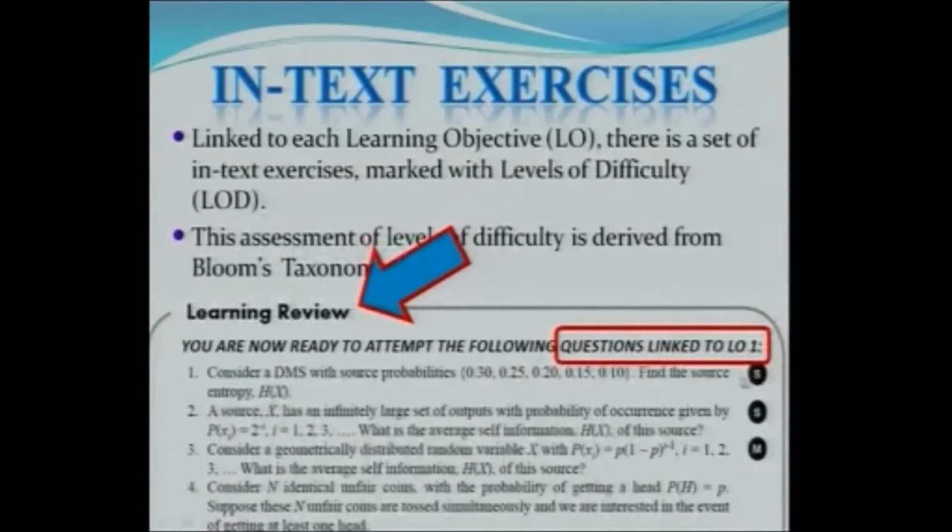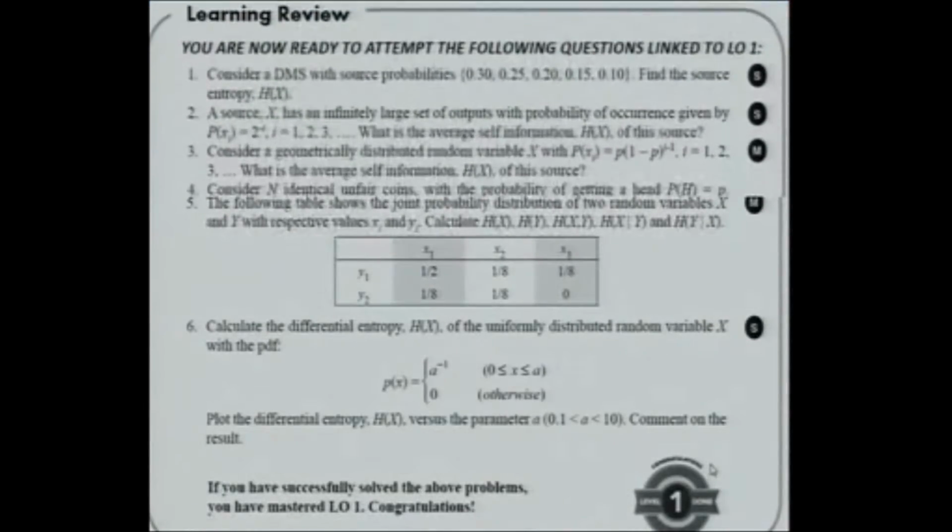In this case, it is LO1, and every question has a level of difficulty S, S, M marked here on the right. Thus, if you look at the entire learning objectives, the student can solve a set of questions and finally is able to master the topics once the student solves all the problems linked to the certain learning objective.